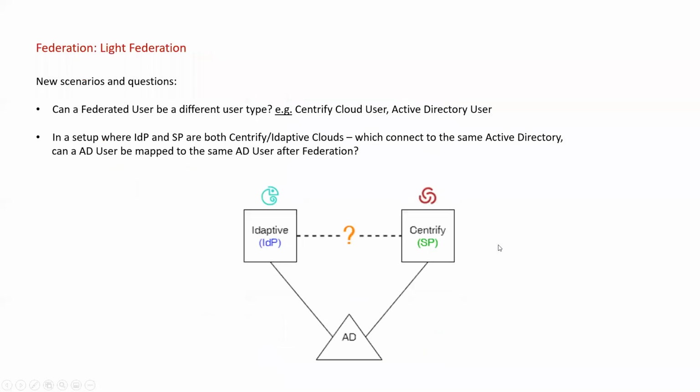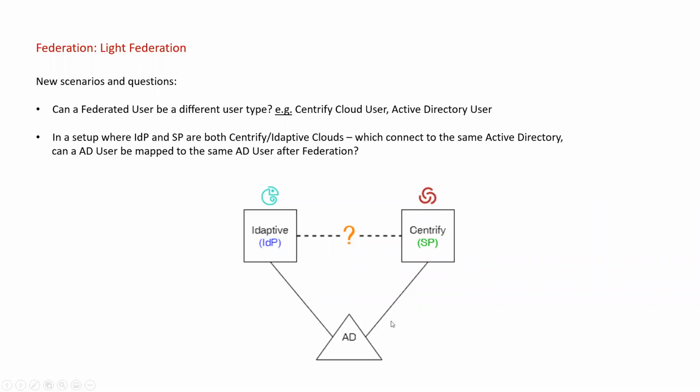Yes. Okay. So there are scenarios, and also questions, that you guys are asking: there's an actual setup where Centrify connects to Idaptive, partnered up that way as SP and IDP. But instead of always being a federated user, can it be another type?